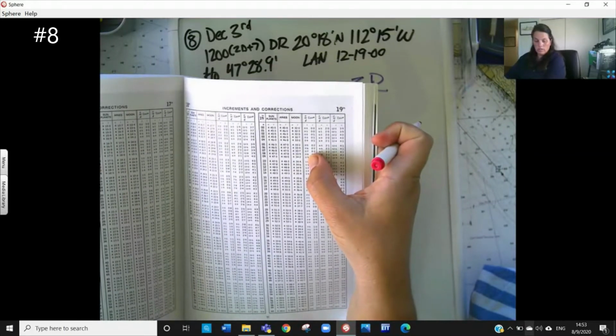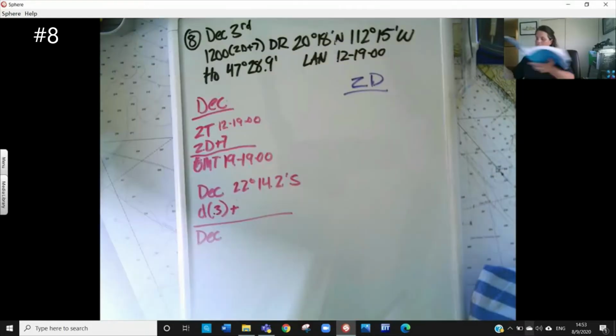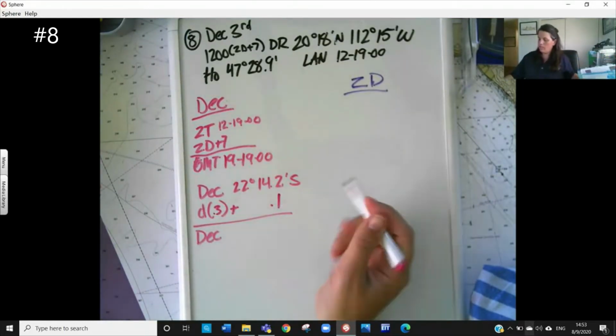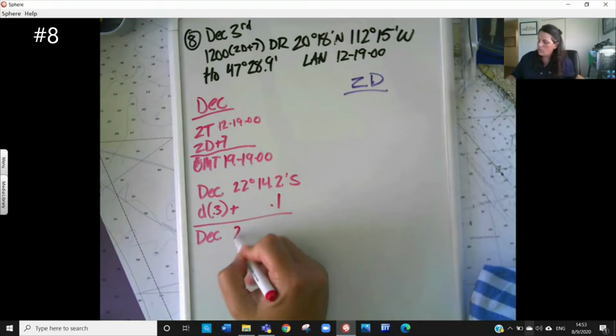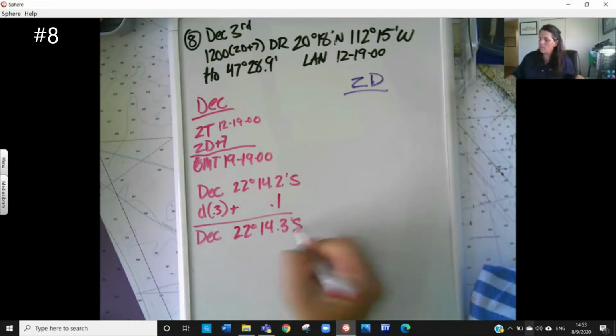For 0.3, we have 0.1. We are increasing, so we have 22 degrees, 14.3 minutes south as our declination.